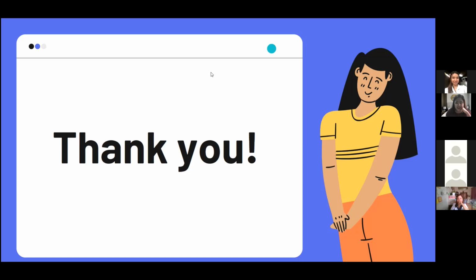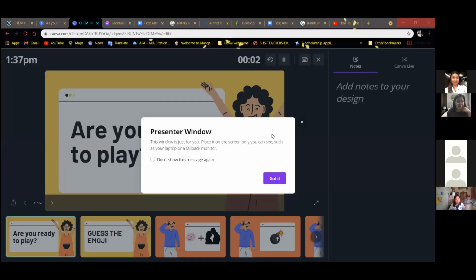Stop share ko muna ito ha. Ay, wait lang. I need to check first. Let's go back again to the prediction of the protons, neutrons, and electrons. Number 2 and number 3.